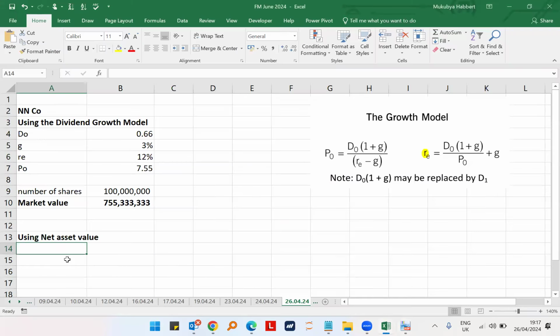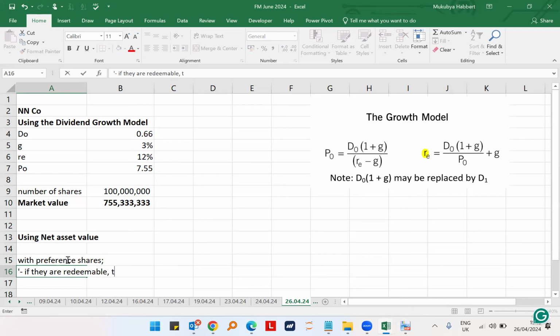So with preference shares, this is how you treat them. If they are redeemable, treat them as debt.